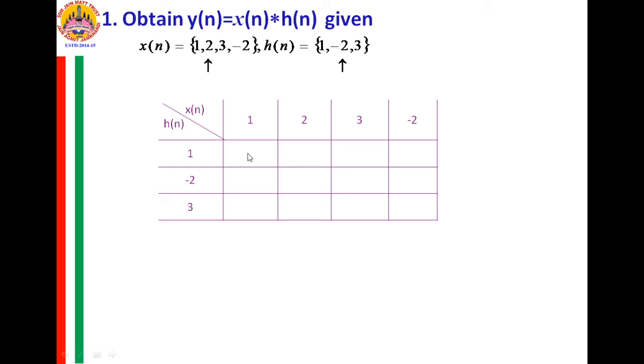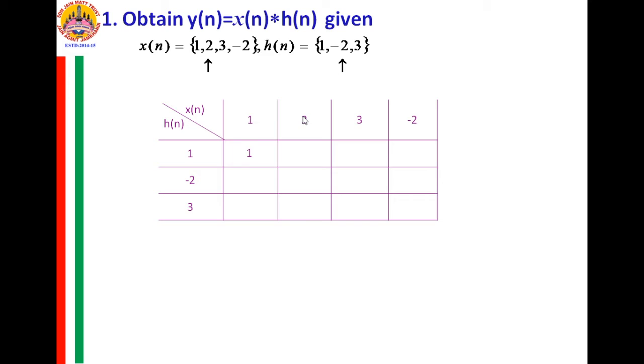For the corresponding cells, the first row sample and the first column sample are to be multiplied. So these two we multiply and enter here.